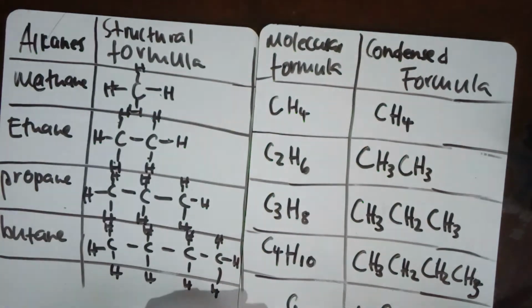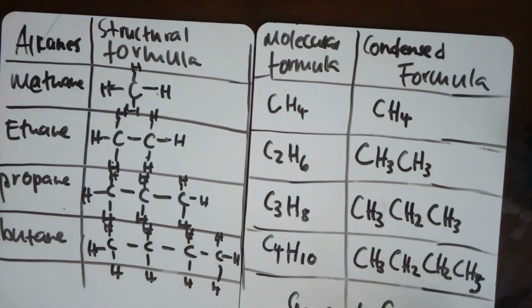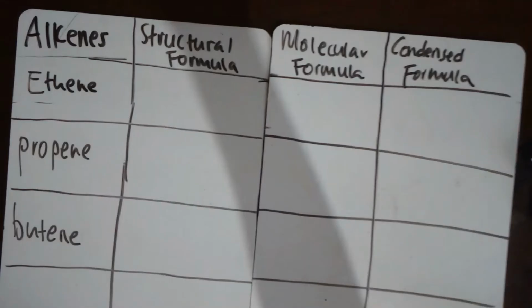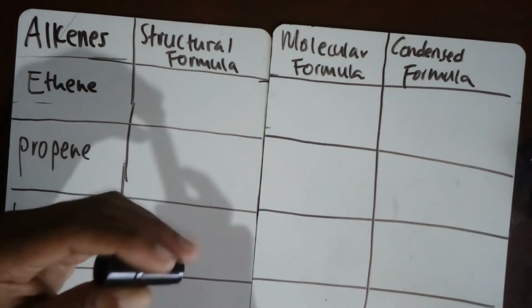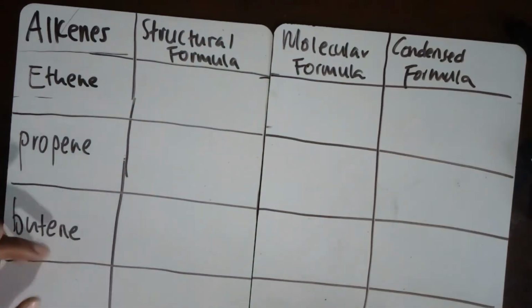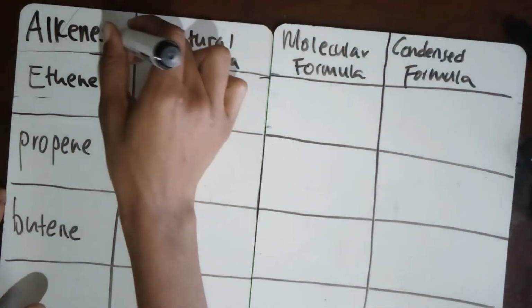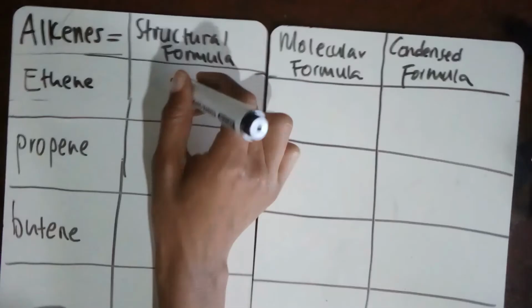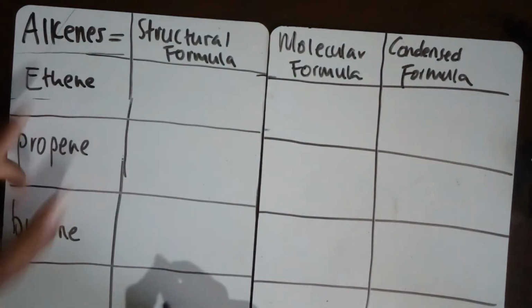So now let us move our discussion to alkenes, and I'm just going to rush through this because it's pretty much the same thing, except here we have those double bonds that we've spoken about. For the structural formula, remember there's no methane, so we start with ethene.